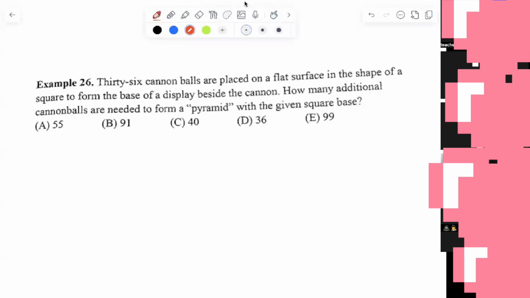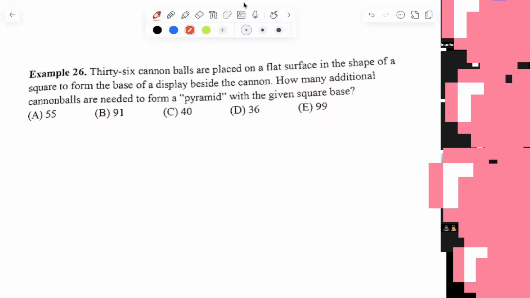It's time I solve this question, and the answer is not C. It's actually A.